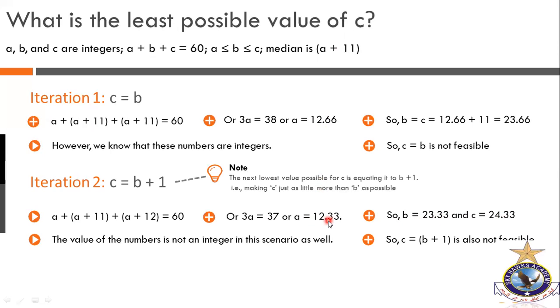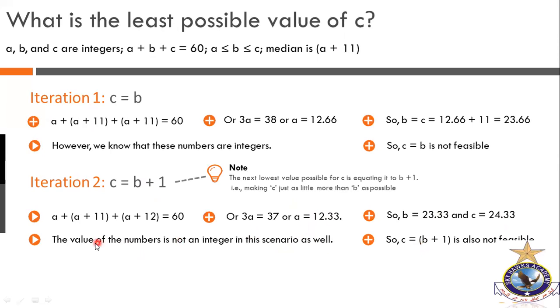Because A is this one, you can put the value of B over here, and you will get the value of C also. So the value of the number is not an integer in this scenario as well. This scenario is also contradicting. So C equal to B plus 1 is also not feasible. Am I right?